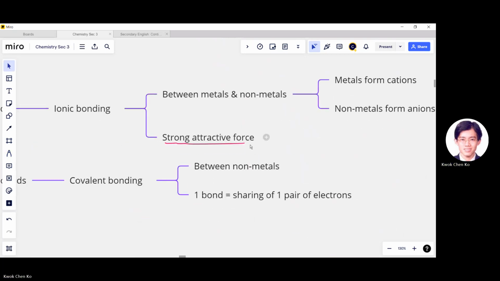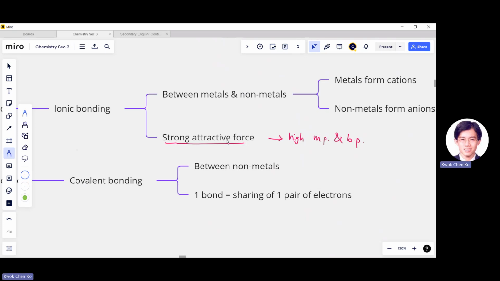Therefore, they have high melting and boiling points in general. Ionic compounds tend to have high melting and boiling points.